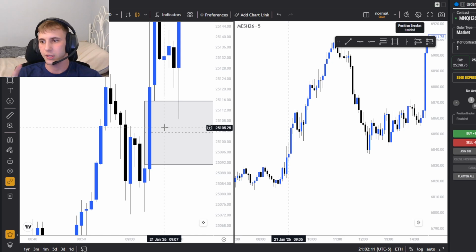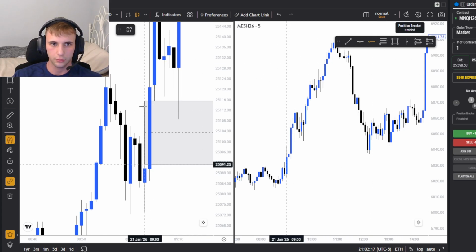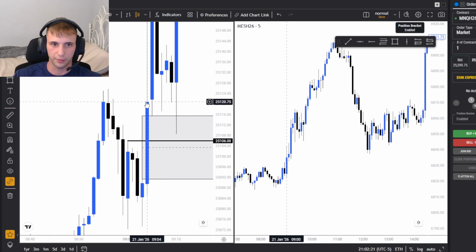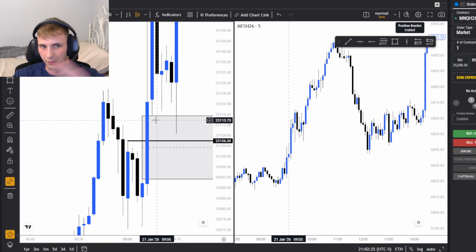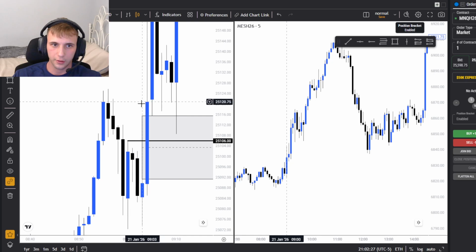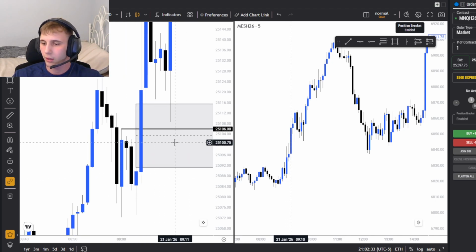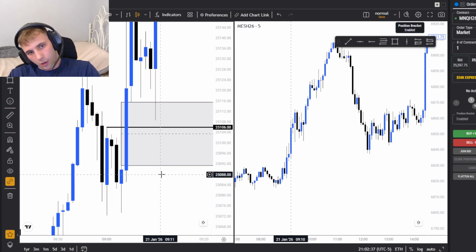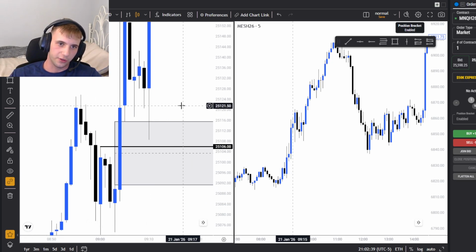Only issue is that you only want to enter longs if price manages to hold above this level right here, or whatever your reasoning may be. Closing above this level, holding above this level, whatever. But also, you want a decent fill.